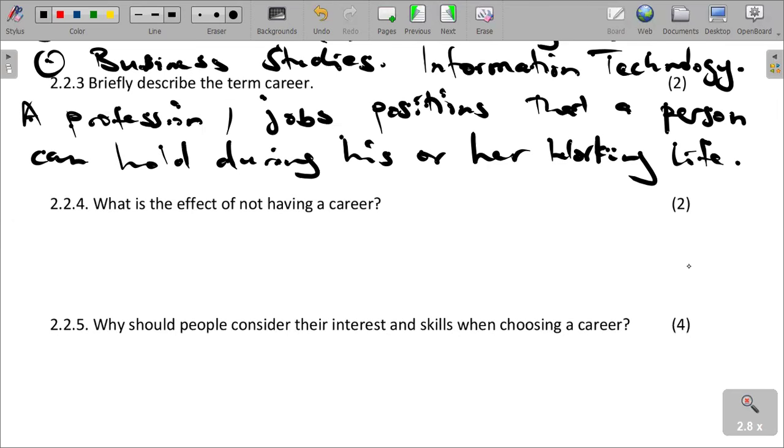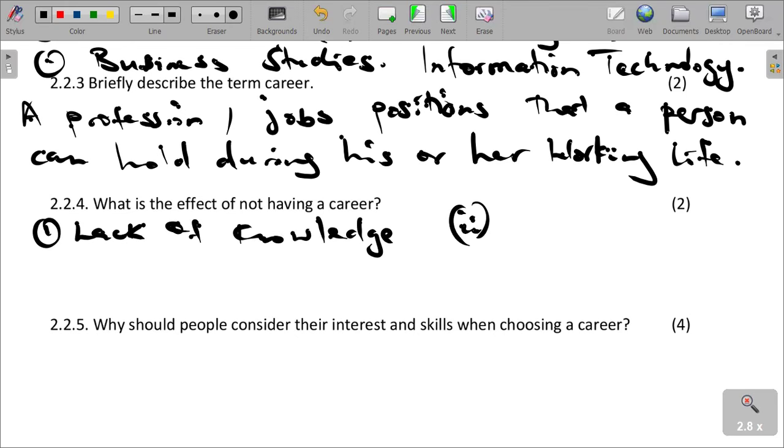And then what is the effect of not having a career? If a person does not have qualifications, does not have a position, does not have any experience, how does it affect them? One, when a person has no career, the person lacks knowledge.